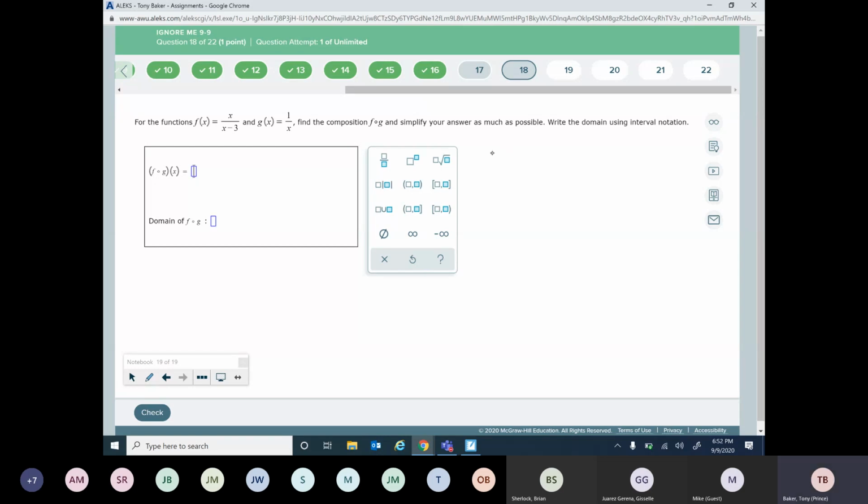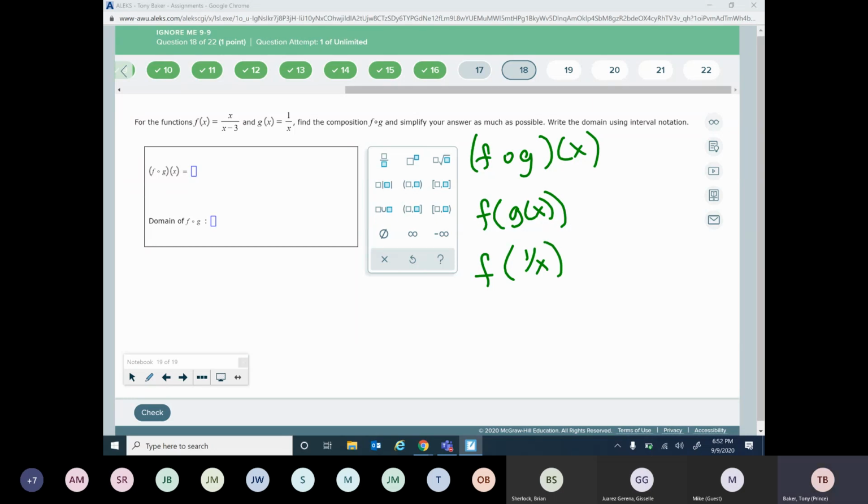So this one's doing f composed of g of x. So I have the f with the g of x inside of it. So g of x is 1 over x.